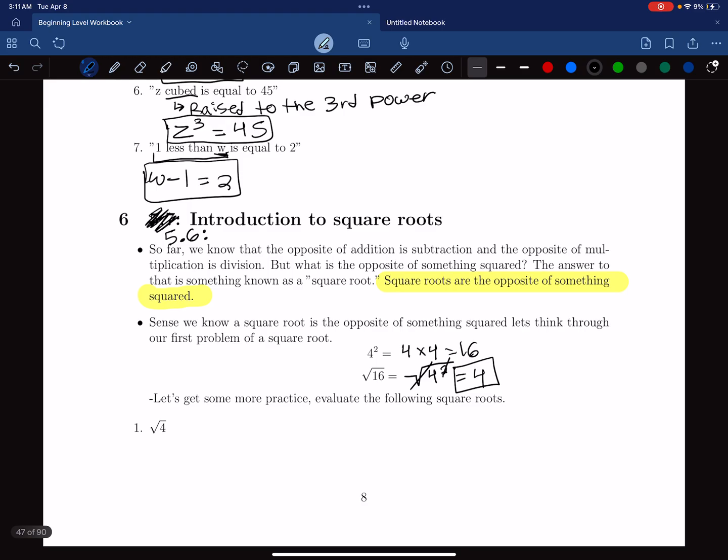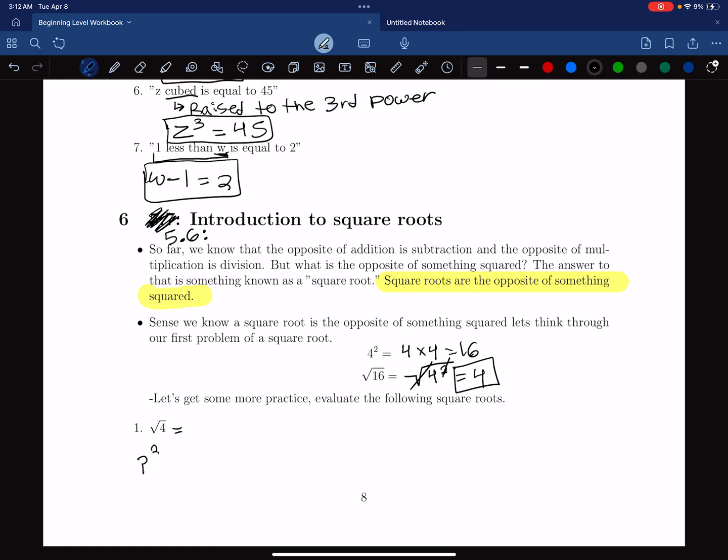So with that being said, let's practice some more with this idea. We have the square root of 4. When you solve square roots, you have to think, what number do I square to get to 4?